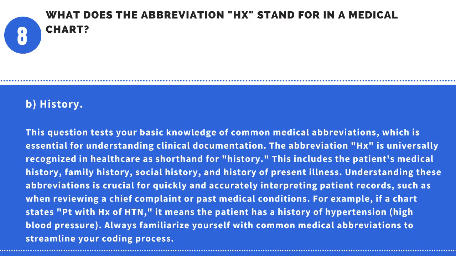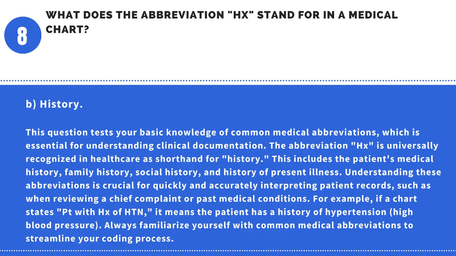Answer B. History. This question tests your basic knowledge of common medical abbreviations, which is essential for understanding clinical documentation. The abbreviation HX is universally recognized in healthcare as shorthand for history. This includes the patient's medical history, family history, social history, and history of present illness.